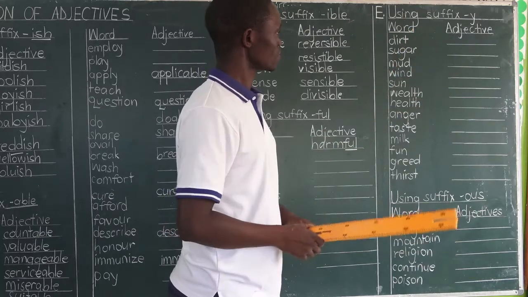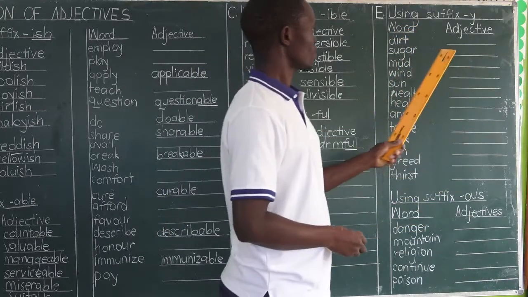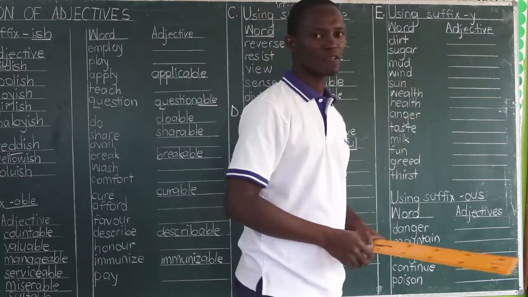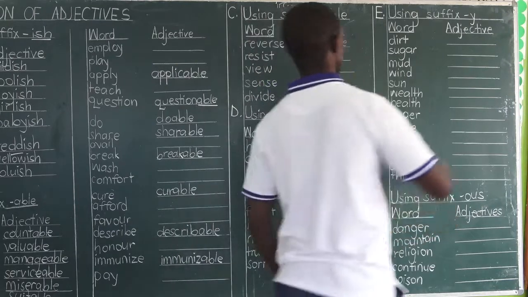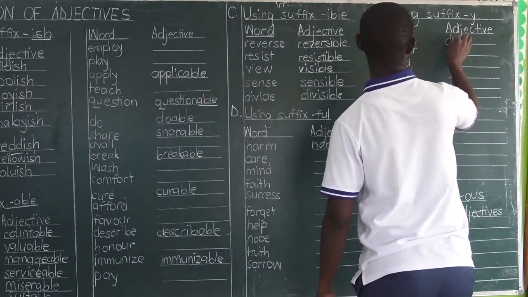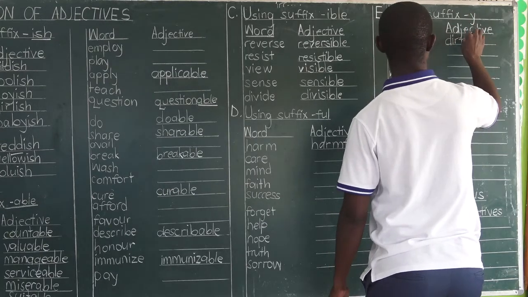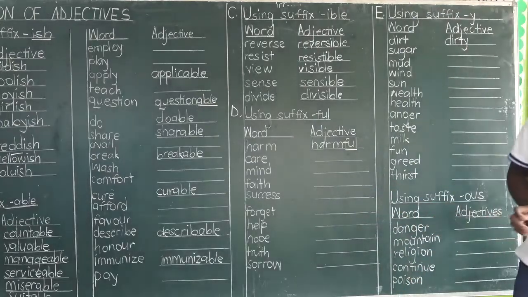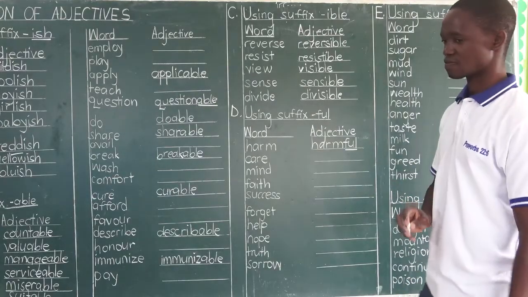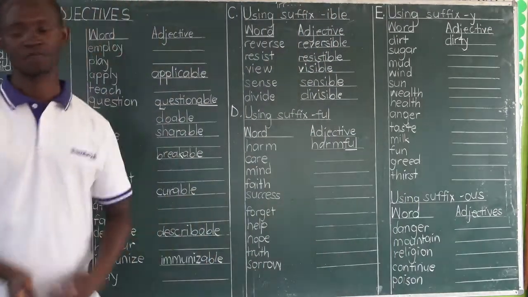So we have the word dirt. We are going to form an adjective from dirt by adding suffix y. D-I-R-T-Y. Our adjective is dirty. Done. Dirty is our adjective.